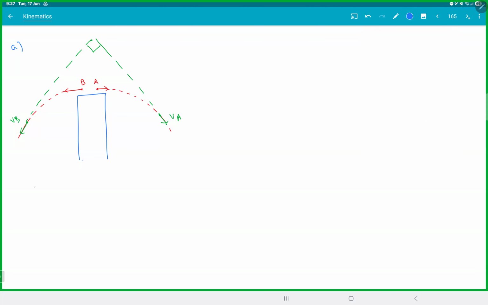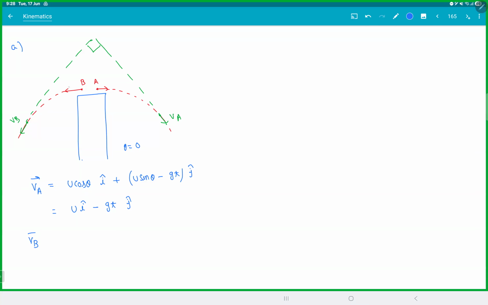What is the velocity vector for VA? VA bar will be, remember the formula, U cos theta I cap plus U sin theta minus GT J cap. Here theta is 0, so this will be simply U I cap minus GT J cap.